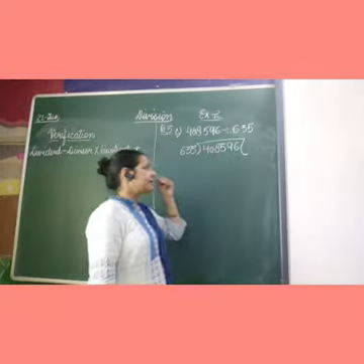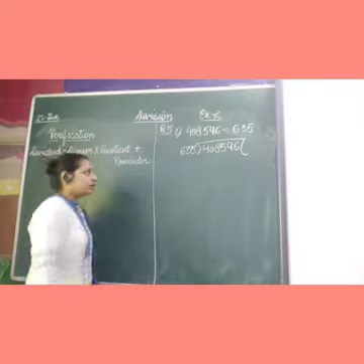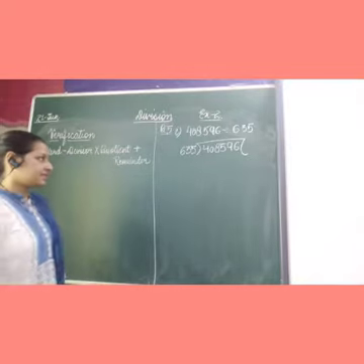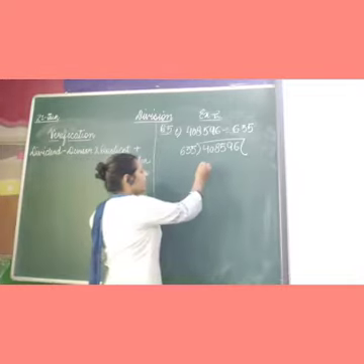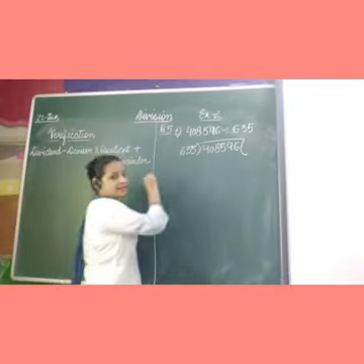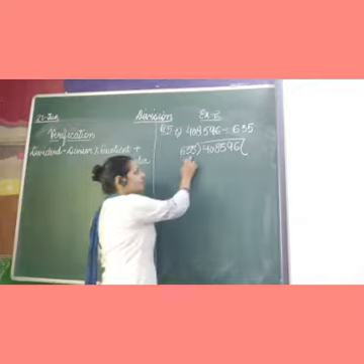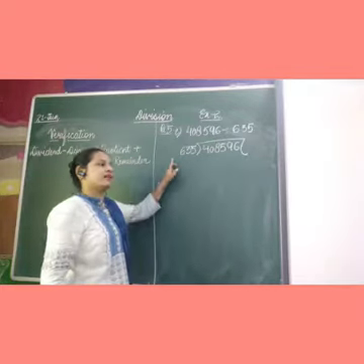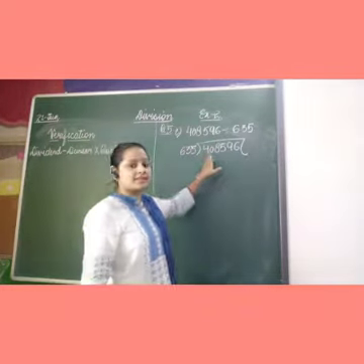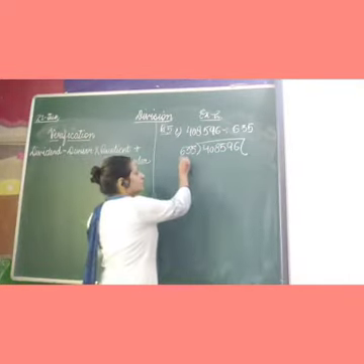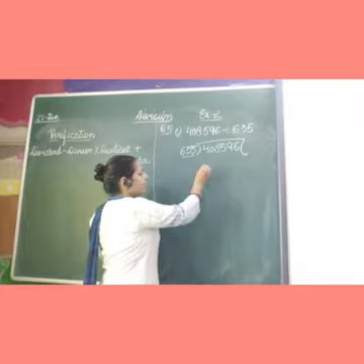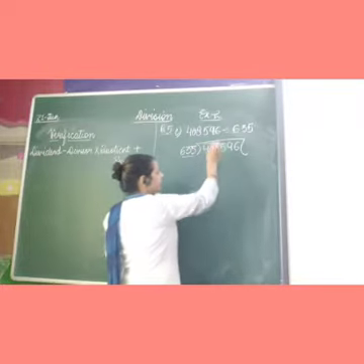4,08,596 is the dividend. Now to divide, in the first step, we will see how many digits are there in the divisor, and we will take that many digits in the dividend to divide. Okay. Now see, 635 here, and here 3 digits are 408.